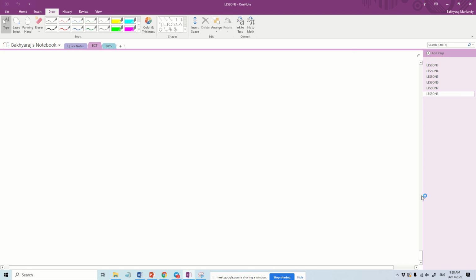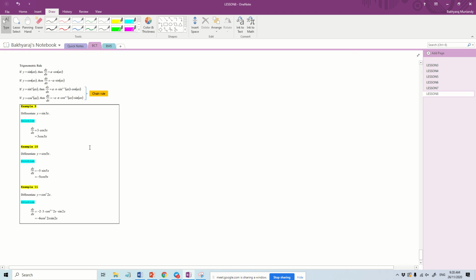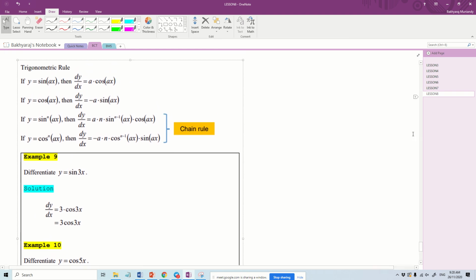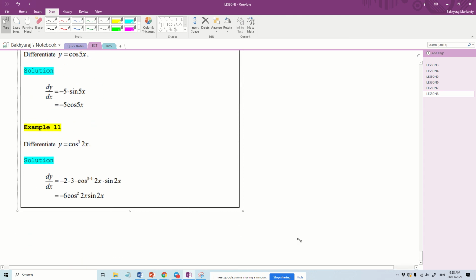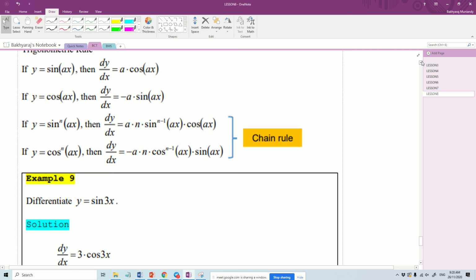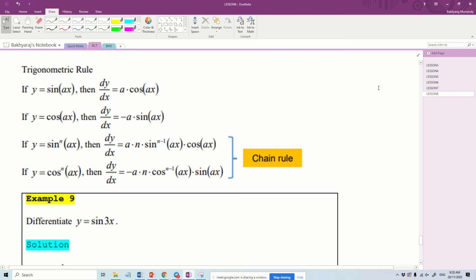So next I continue with trigonometric function lah. Okay, so trigonometric rule. When you differentiate sin, you get cos.